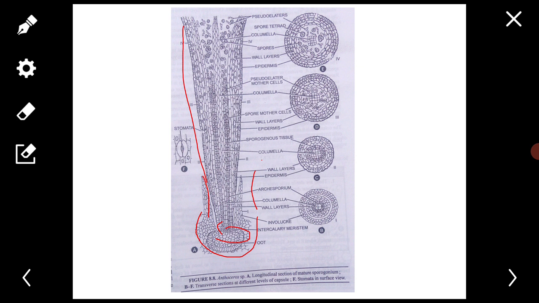It consists of irregularly arranged parenchymatous cells. The lower superficial cells of the foot, which are in close contact with the gametophyte, are elongated and arranged palisade-like.